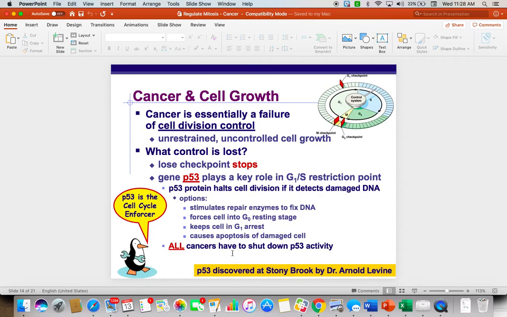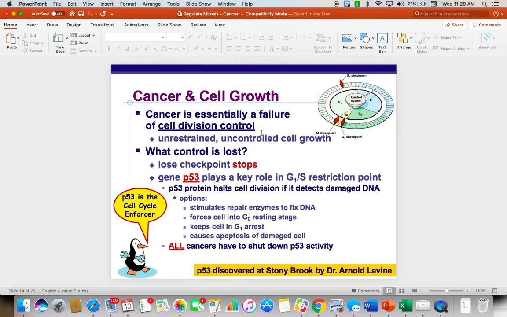And so cancer is a failure of controlling cell division. And if you have cancer, your cells are dividing out of control. Out of control. It's like they've lost their mind and we're making way too many and they're not the right kind of cells. They're all messed up.